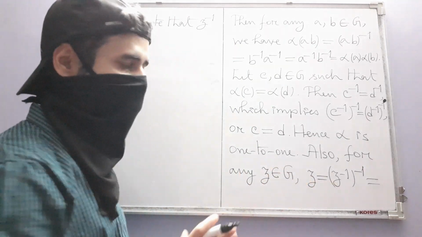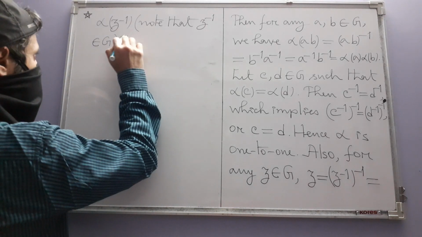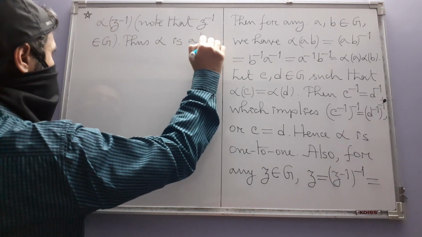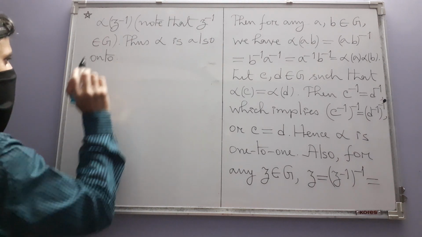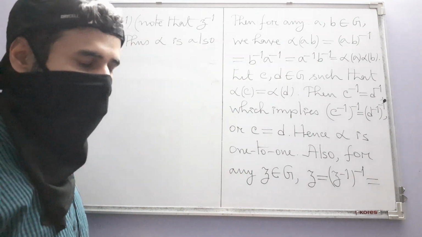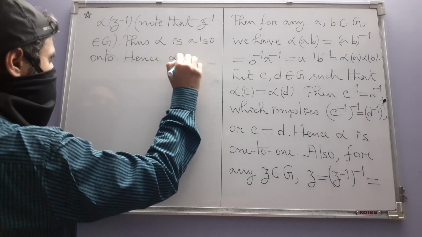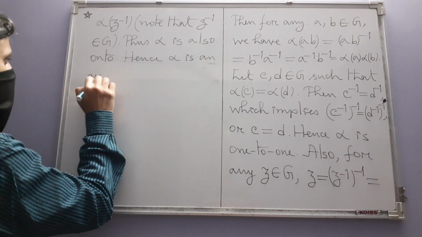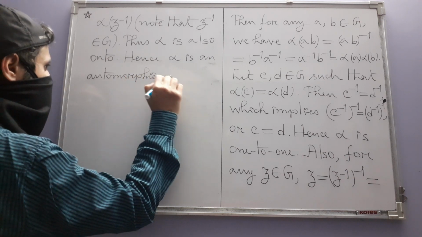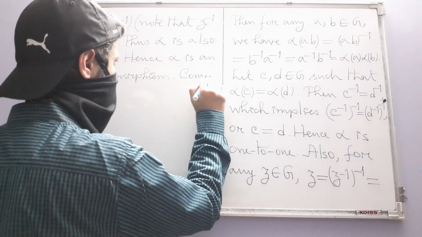So this last part tells us that alpha is onto as well. So now we have all the pieces to be able to call alpha an isomorphism, actually an automorphism. Hence, so this is 1/2.